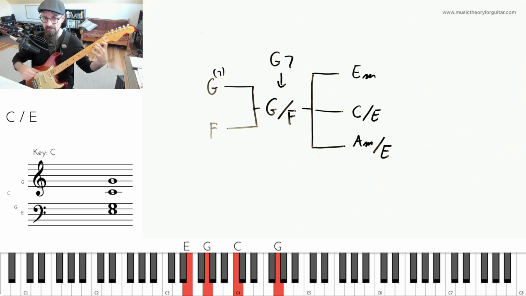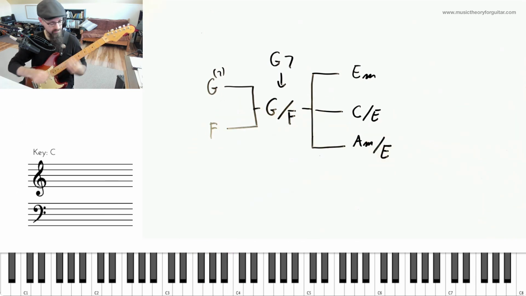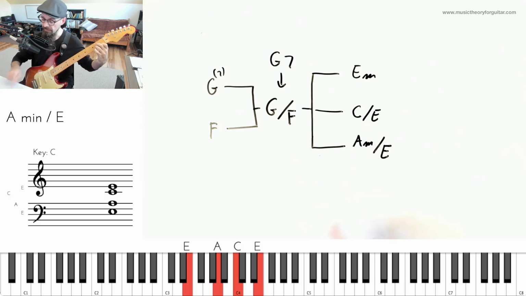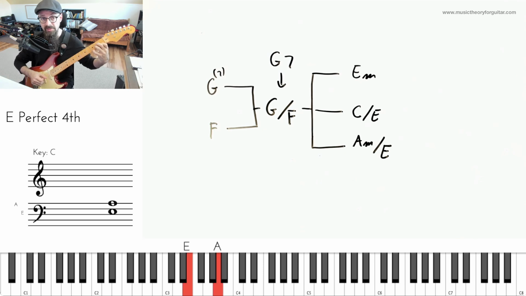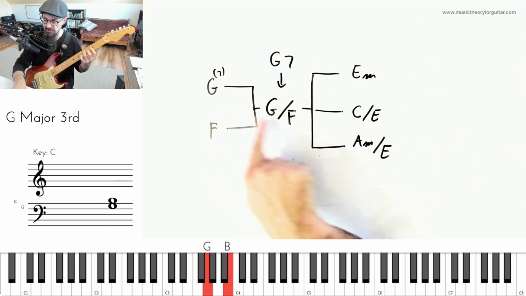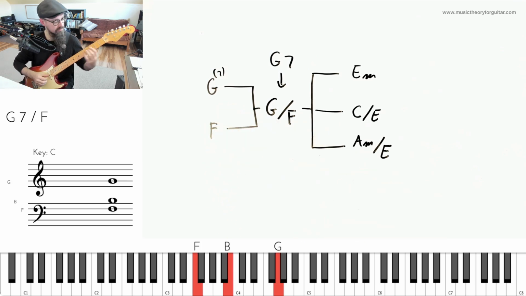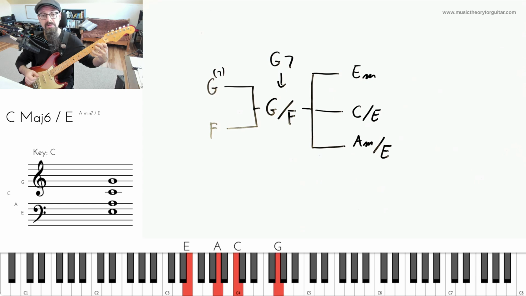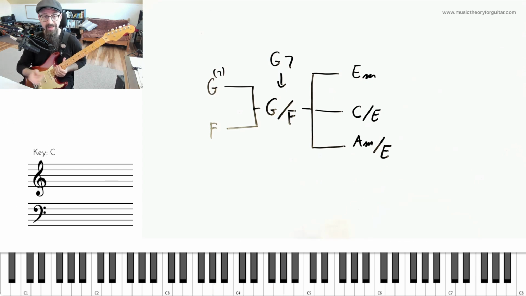Or C just to start, G major, G over F, and then this E minor with a bass of E. I could put an E minor 7th with a bass of E, and it would probably work a little bit better. So C, G, G over F, A minor 7 with a bass of E, and then I can keep going wherever I want.